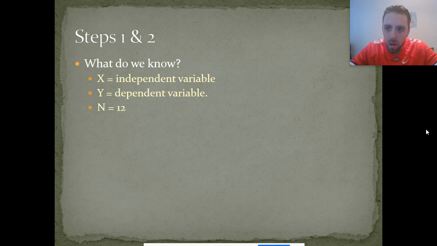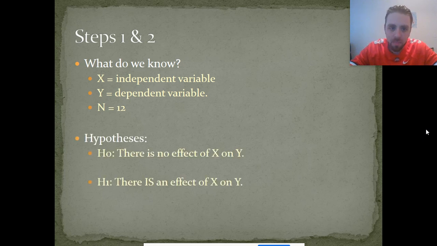So here's how I'm going to set up my hypotheses. On the null side, there is no effect of x on y. H1, there is an effect of x on y. Another way that you could express that is I could write for my null hypothesis, as values of x increase, values of y are not significantly changed.